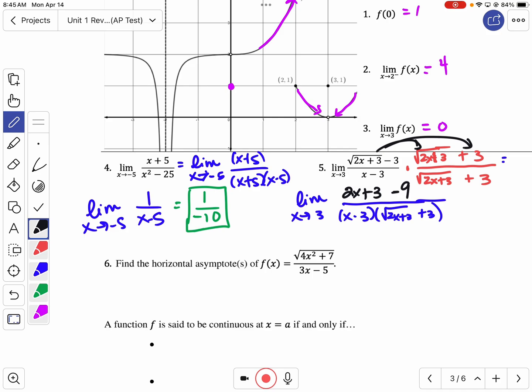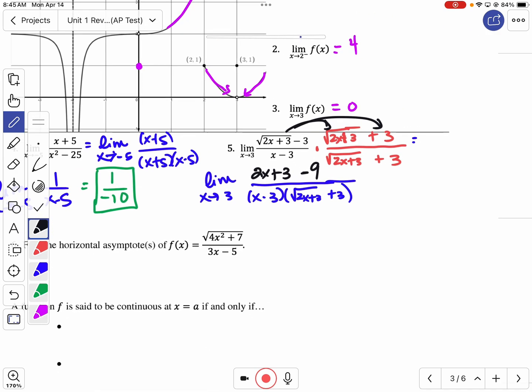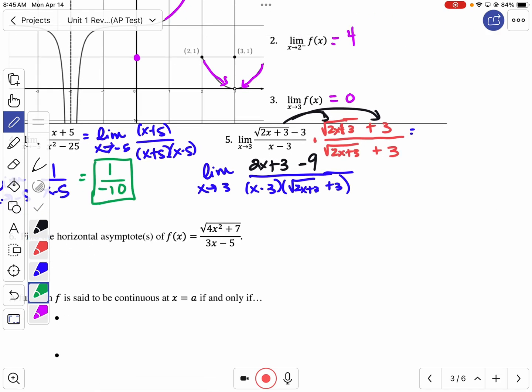Still got my limit there. Limit as x approaches 3. This would give me 2x minus 6 over x minus 3 times square root of 2x plus 3 plus 3.